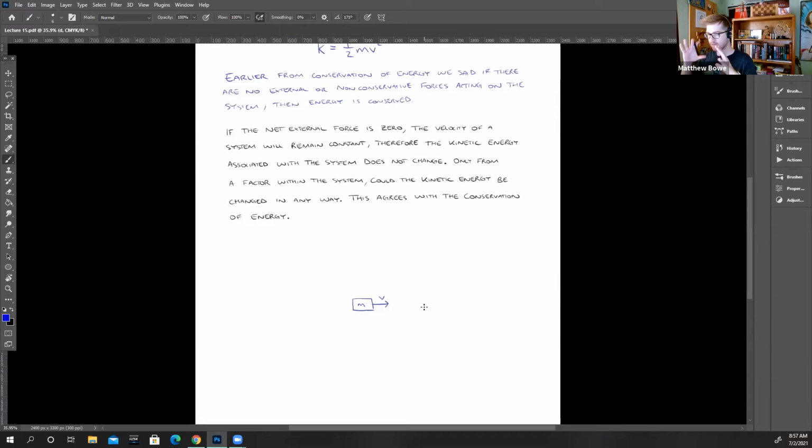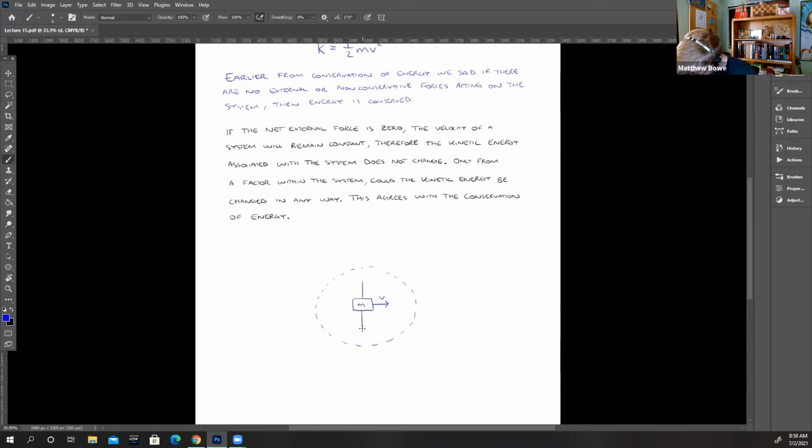If I look at everything within this system, this is my system. This is all I'm focusing on. Maybe I'll consider it being on a table or friction, but that's outside of what I'm looking at the moment. Actually, no friction in this case. So we could say there might be an external force.